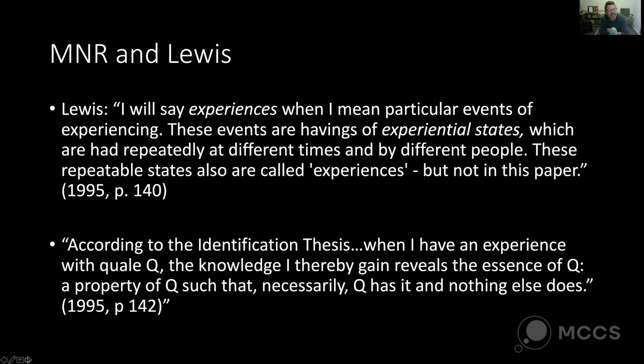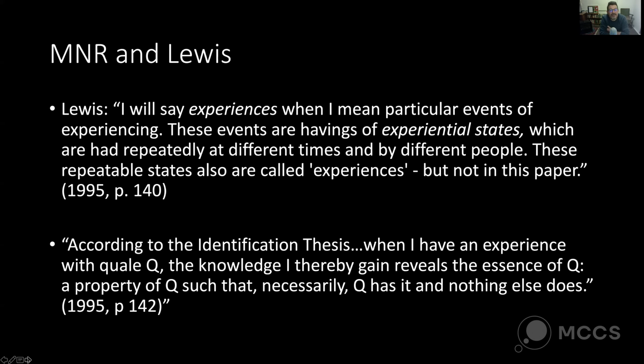So Lewis begins his paper by saying, "I will say experiences when I mean particular events of experiencing." So here's the idea of an experience as an event, like a birthday party. And that's one of the notions that is involved in the second definition of consciousness that I mentioned. To be conscious is to have an experience with certain properties. So here at least Lewis says that there are these things called experiences, which are events.